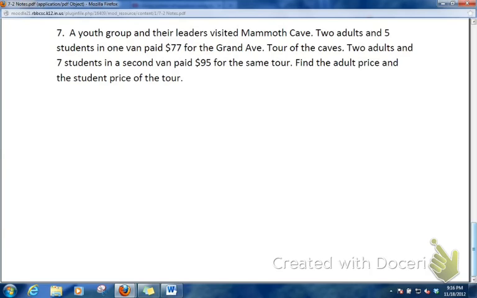So, like I said, I'll get you started here, at least with the setup, or identifying your variables, because again, that's a critical point here. What is your x and what is your y? And again, it almost always tells you that in that final sentence. Find the adult price and student price of the tour.